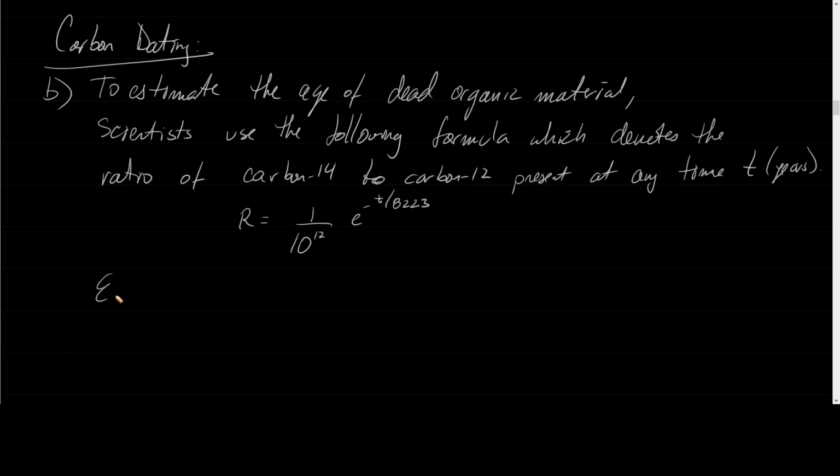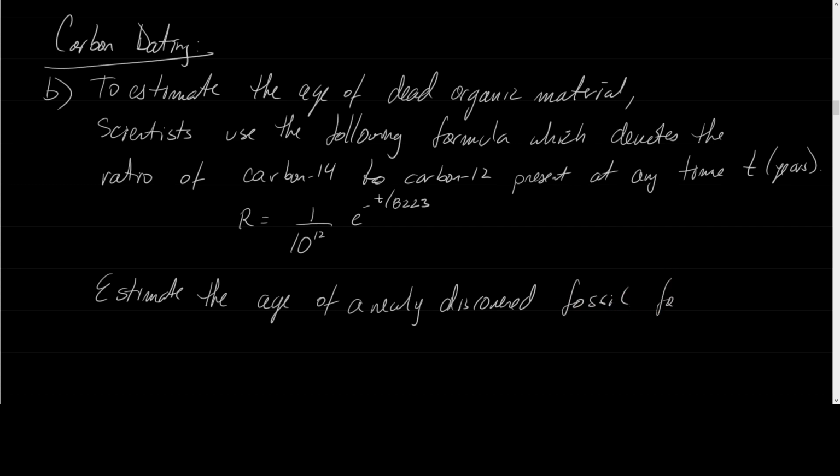Now, estimate the age of a newly discovered fossil for which the ratio of carbon-14 to carbon-12 is R is equal to 1 over 10 to the 14th.